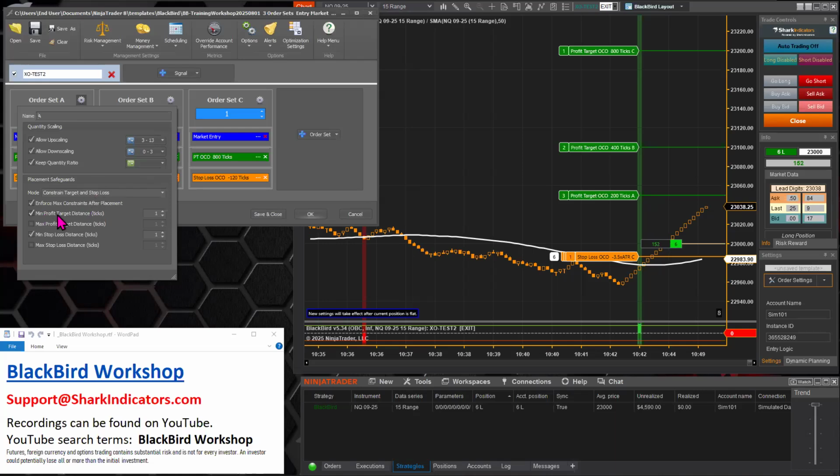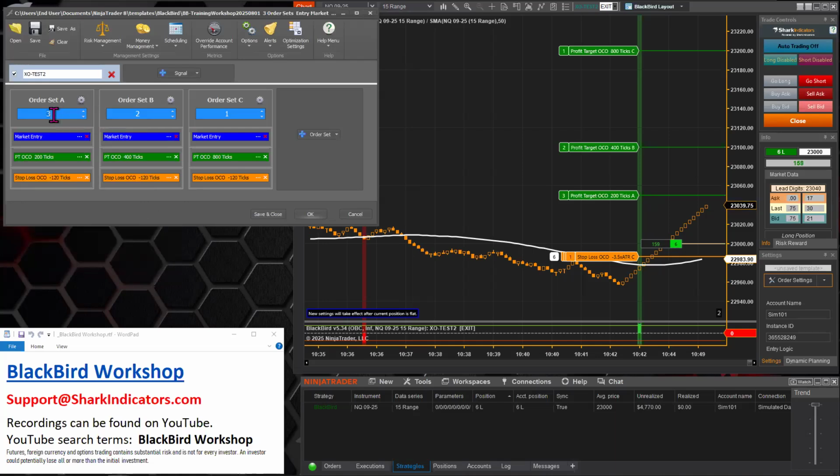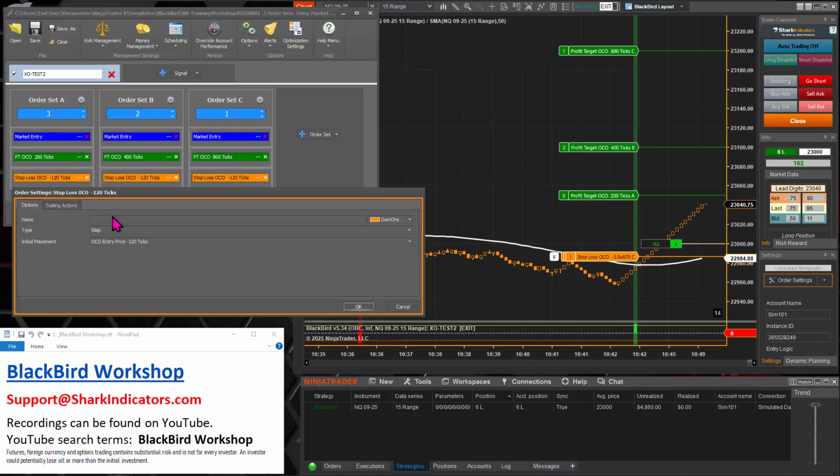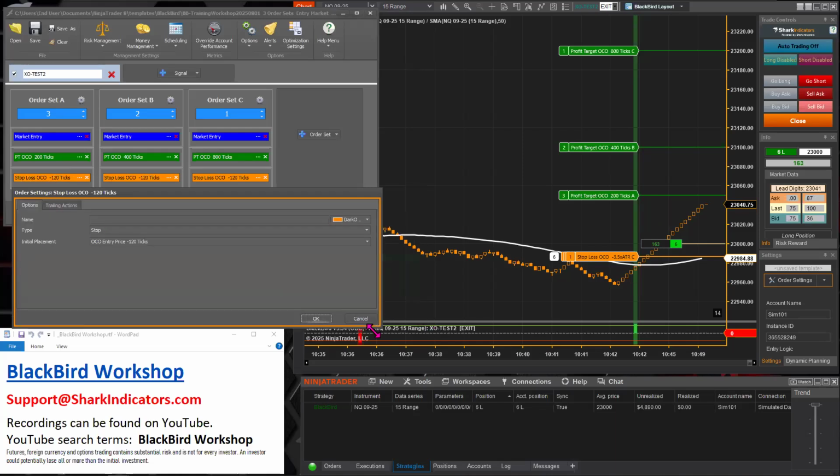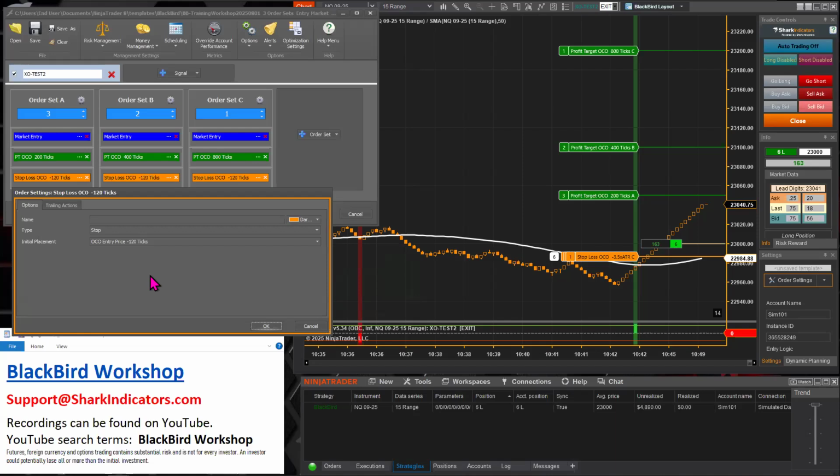So these placement safeguards can't be optimized, and the number of contracts. So everything inside, all the numeric values inside of each order menu, right? This menu here, yeah, all that stuff can be optimized.